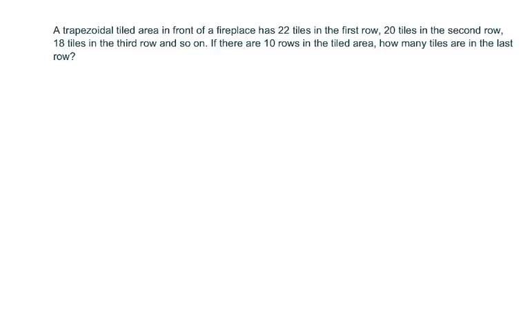All right. And the last problem we have is another word problem. Word problems on these are very easy. So basically, there's 10 rows, so we're going from a_1 all the way to a_10. The first row has 22 tiles.